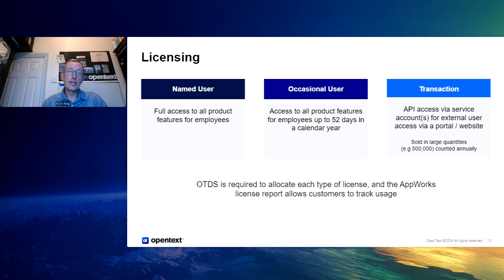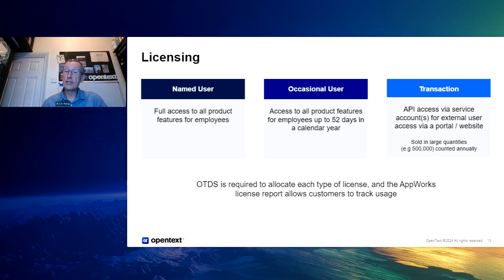The typical use case for this is a citizen portal, for example, in public sector, or a banking website where a customer can log on and authenticate using the banking credentials, or in the public sector case, authenticate with a local authority identification. Then using a service account, that portal or website calls the APIs to create a case, update a workflow, retrieve the status.